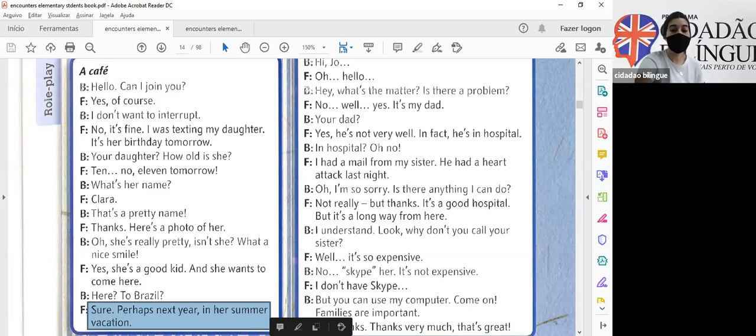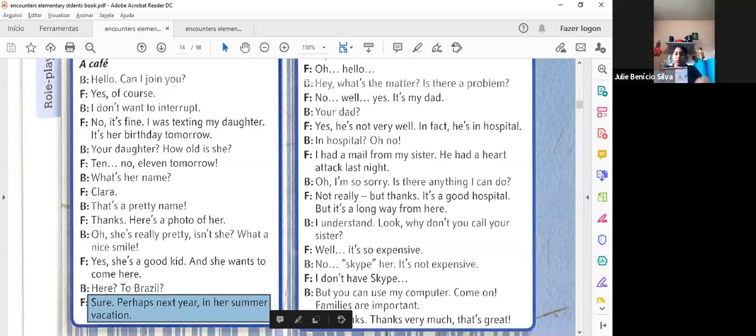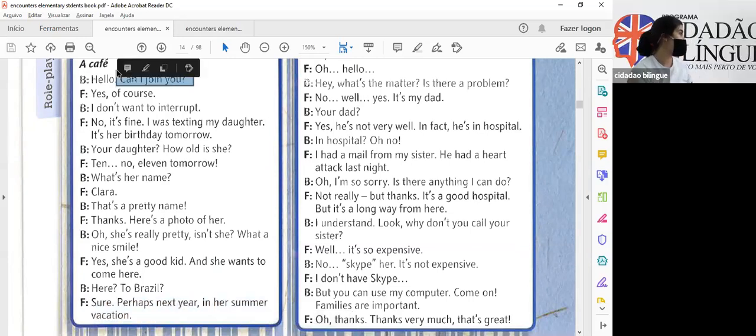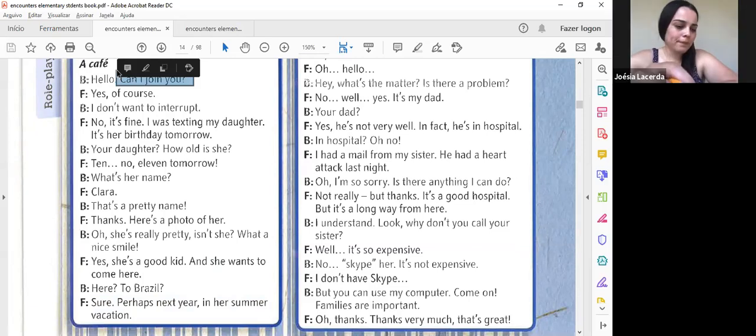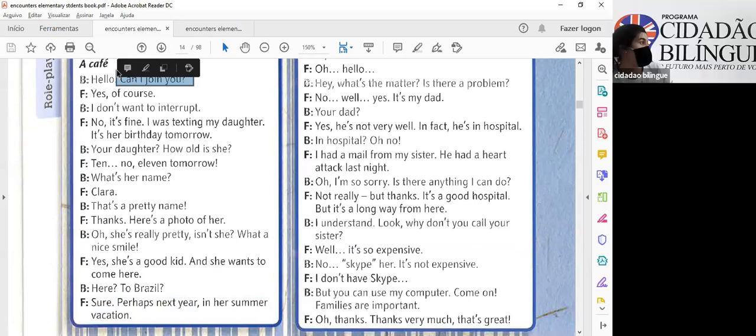Okay. All right, guys. So, can I join you? It's like, can I sit here with you? Okay. Can I join you? Is the same as, can I sit here with you? Do you guys understand? Can I sit here with you? Can I join you? Yes? Luana?